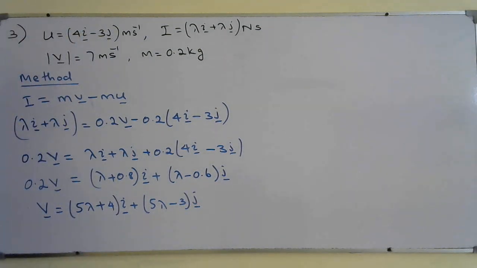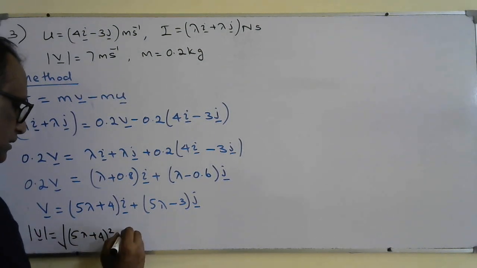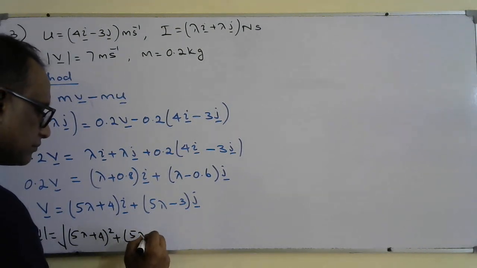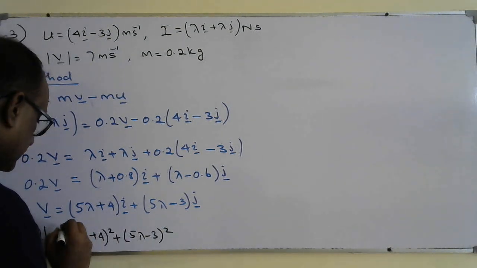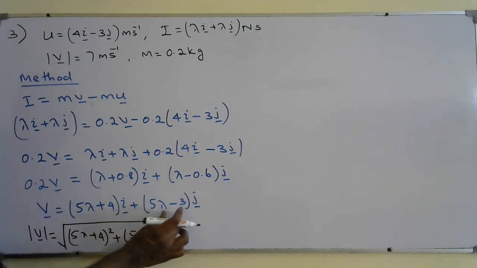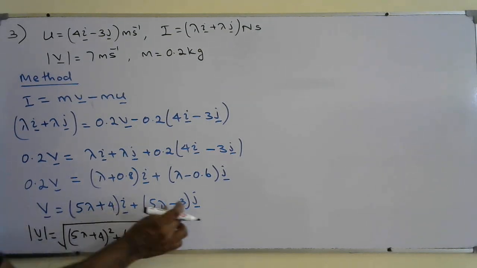So what could be the modulus of v? The modulus of v is equal to the square root of (5 lambda plus 4) squared plus (5 lambda minus 3) squared. For a vector r equal to ai plus bj, the magnitude is the square root of a squared plus b squared.